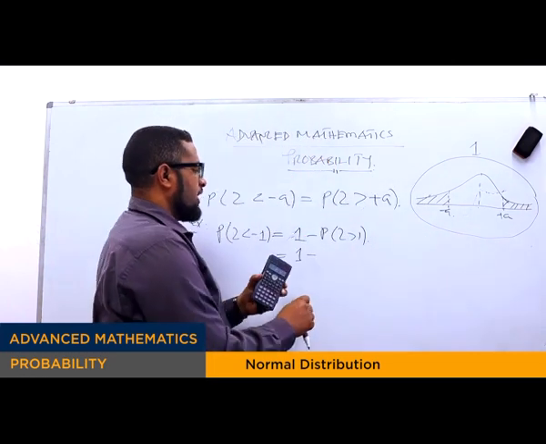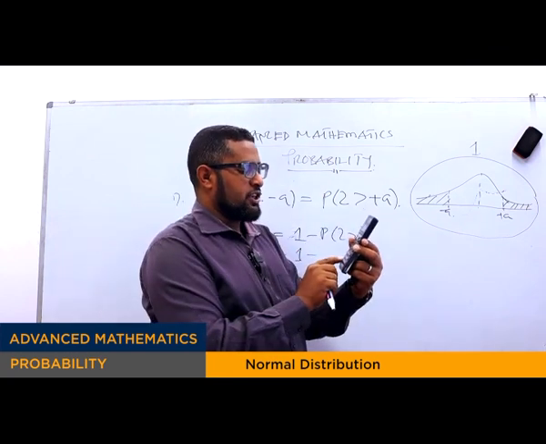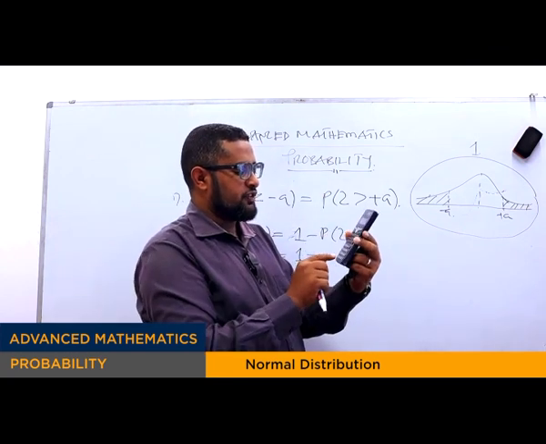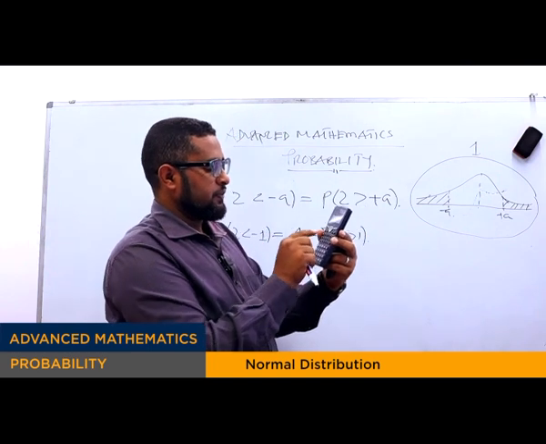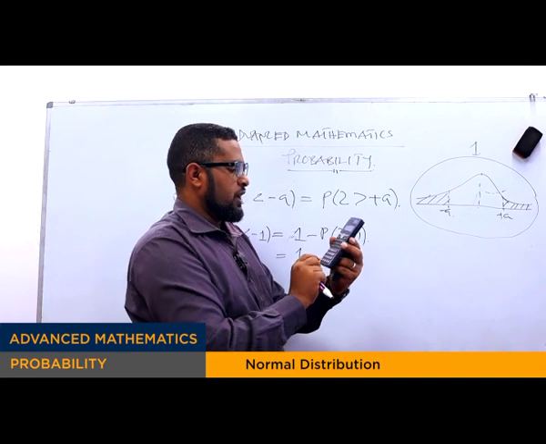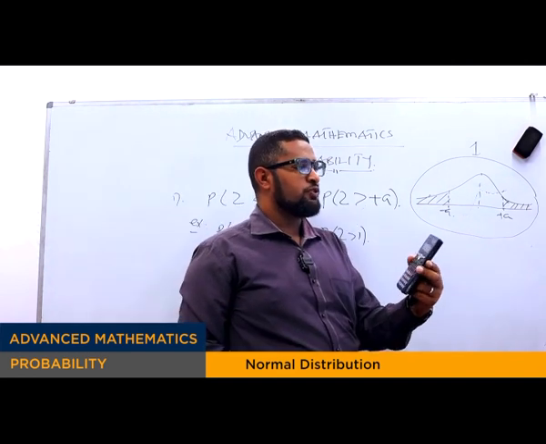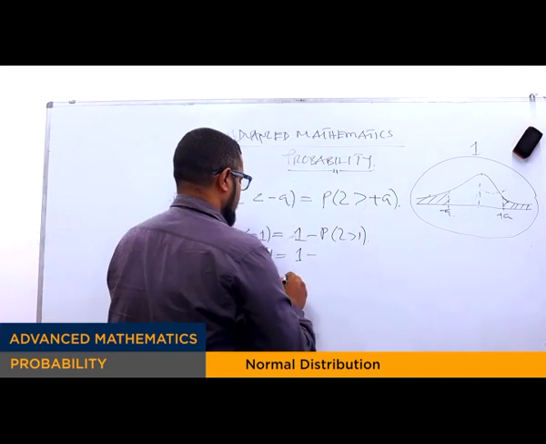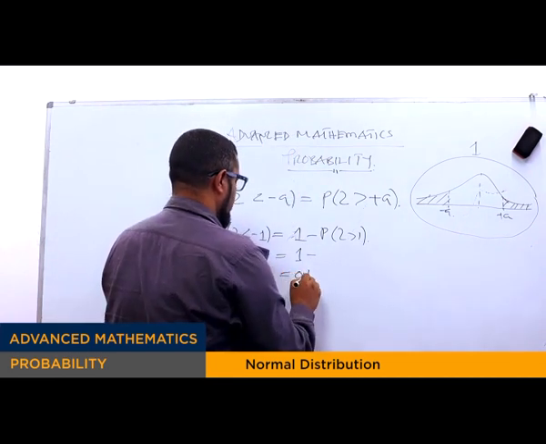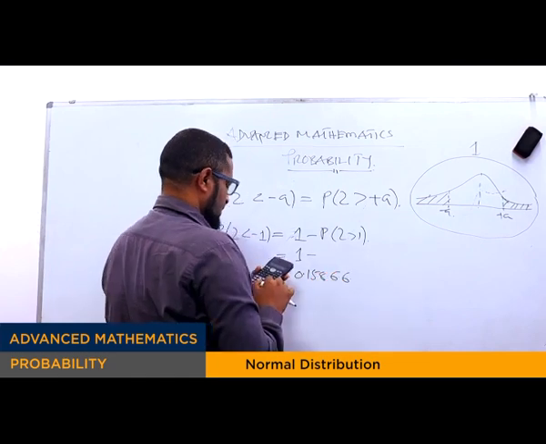But for our case here, we are taking 1 minus shift distribution P of 1. If you put equal to 1, then you will obtain the value 0.15866.